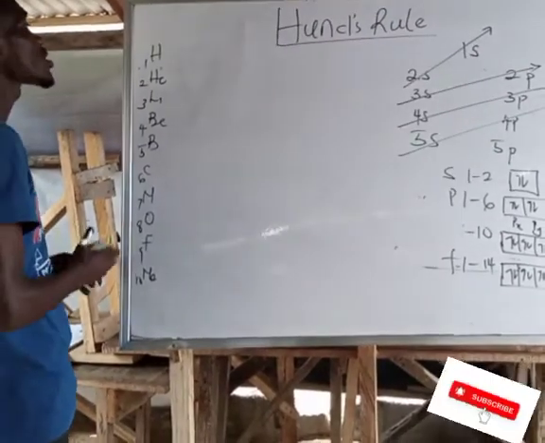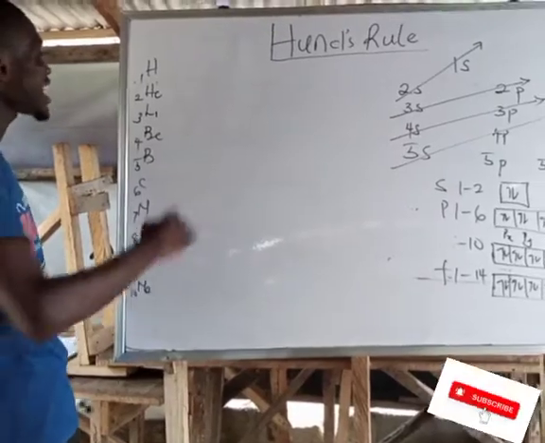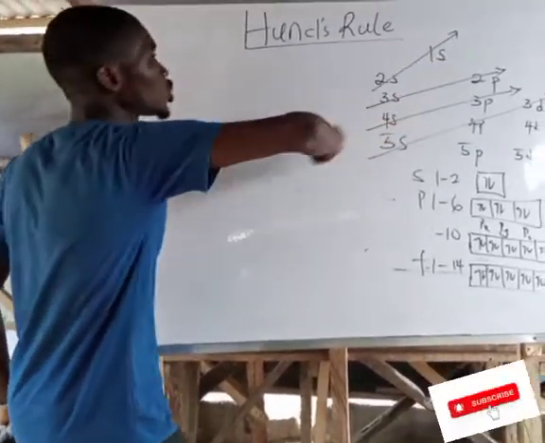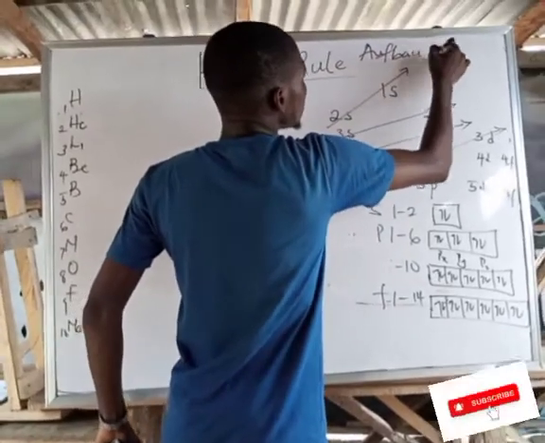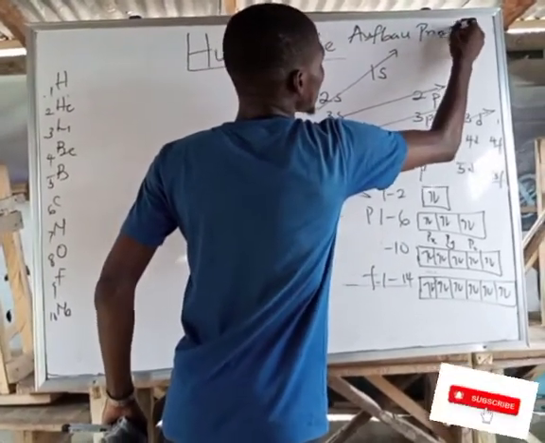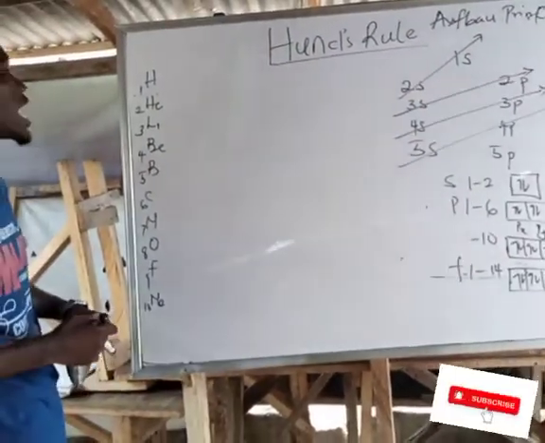With these first 10 elements, let's check out their electronic configuration using the Aufbau principle, that you must fill in the lower energy before the higher energy.